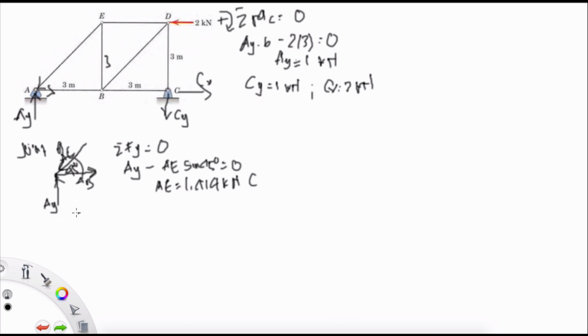And then for the sigma Fx equal to 0 to find the force at AB, it will be okay. Now we are moving to the joint A.